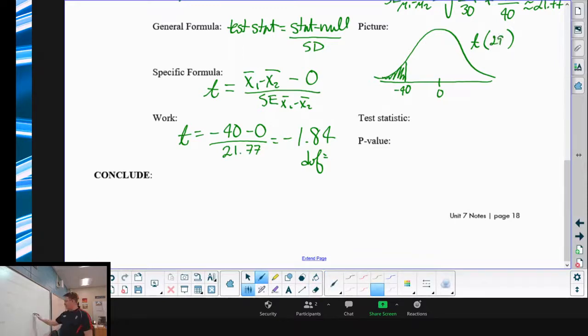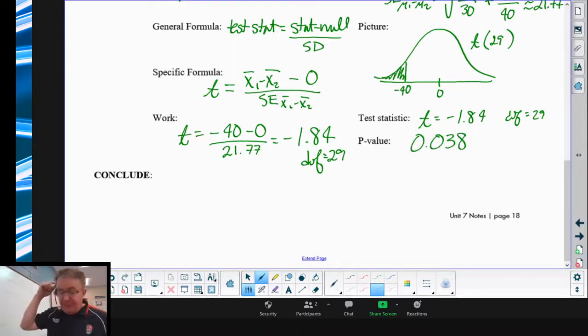All right, so degrees of freedom of 29. So our test statistic then is going to be a t-value of negative 1.84, degrees of freedom being 29. And then when we plug this into our p-value, it turns out to be 0.038.